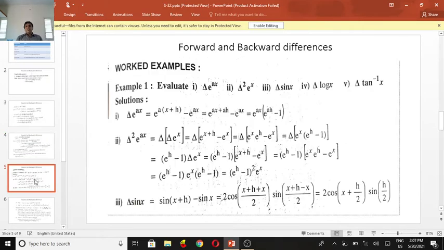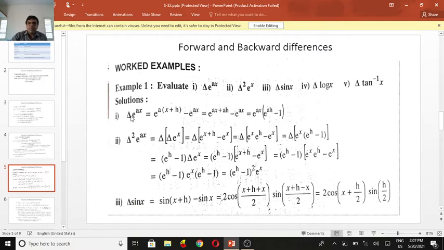Now we work a few simple examples. Evaluate Δ e^x, Δ² e^x, Δ sin x, Δ log x, Δ tan⁻¹ x. We come to the first problem, Δ e^x.